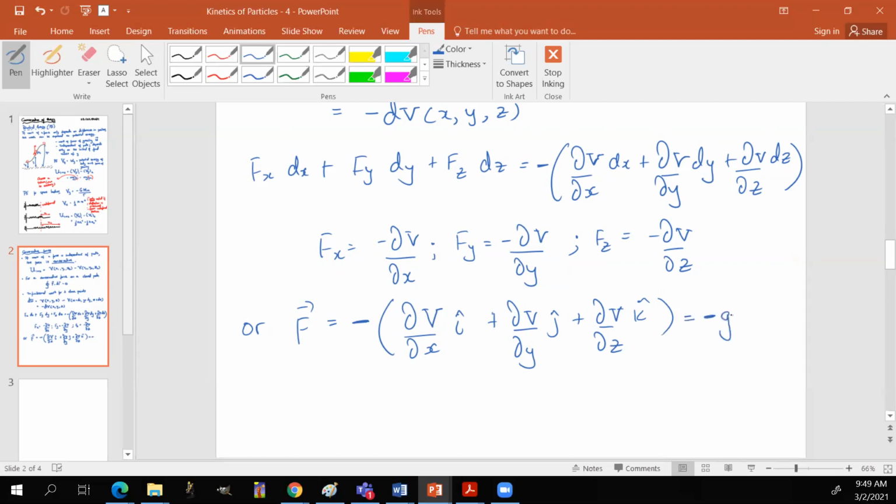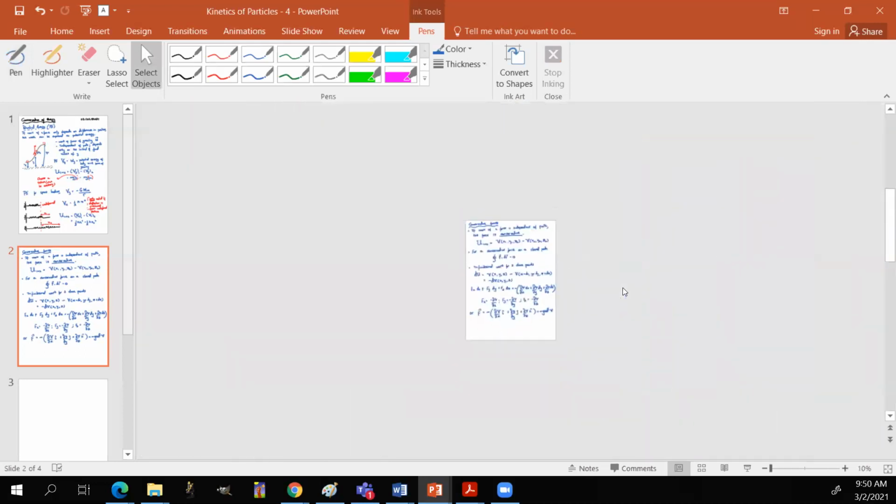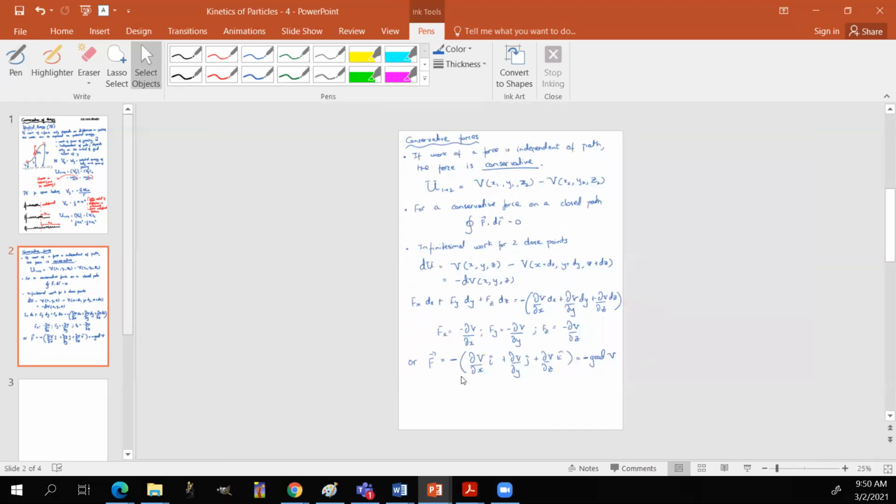So you can write minus grad of V, like that, all right? So that just has to do with the concepts of conservative forces. And this expression that your force is equal to the minus gradient of the potential energy is only true for conservative forces. So be careful about that. Not that we're going to use this for any intents and purposes, but for this derivation that you guys are seeing over here. All right, any questions?